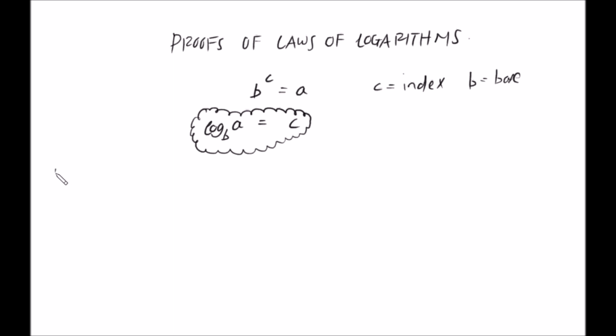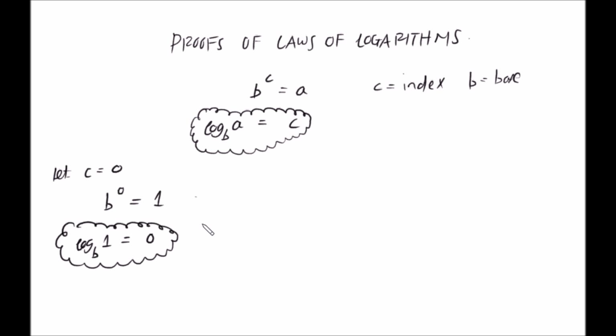Sasa tuna kitu tunaita laws of logarithm. Now assume, let's see sasa na 0. Manake b power 0 itakuwa ni sasa na nini? Na 1. Si tulisoma kwenye laws of index. Sasa kama b power 0 ni sasa na 1, manake log ya 1 base b ni sasa na nini? 0. So hii ndo law ya kwanza hii ya logarithm.